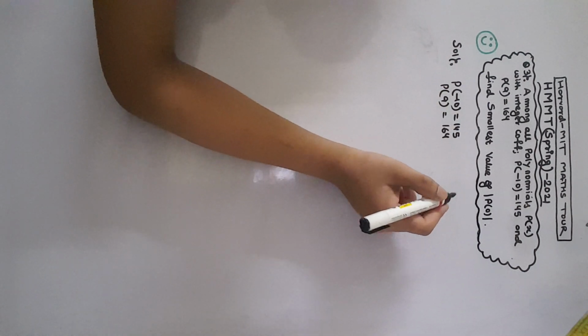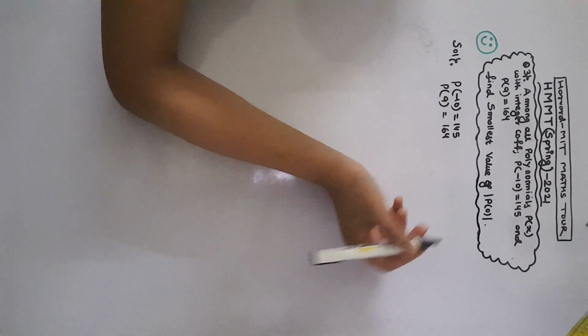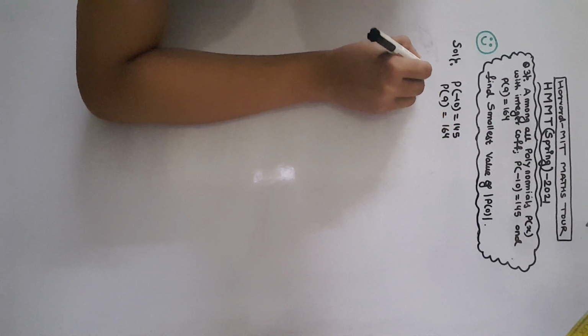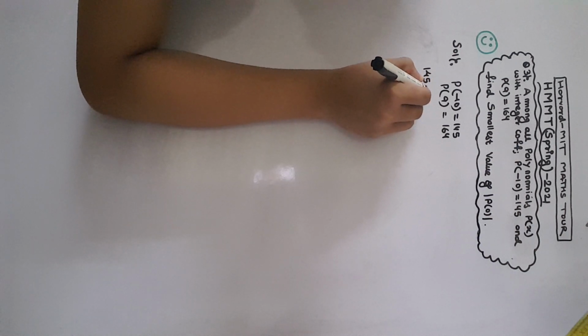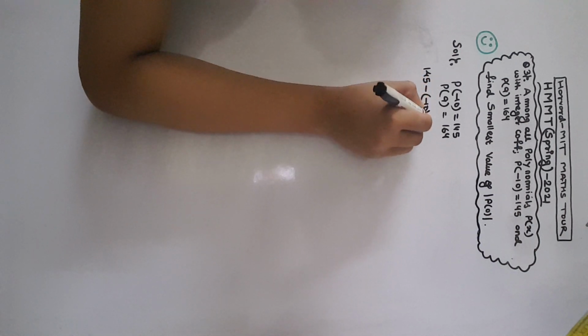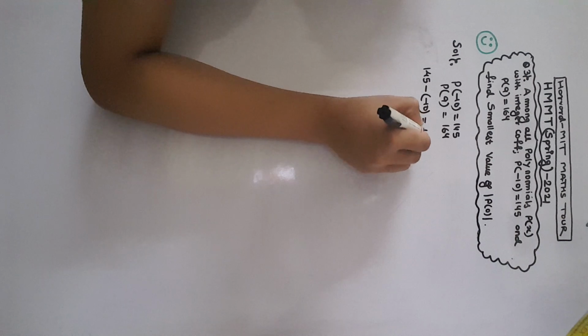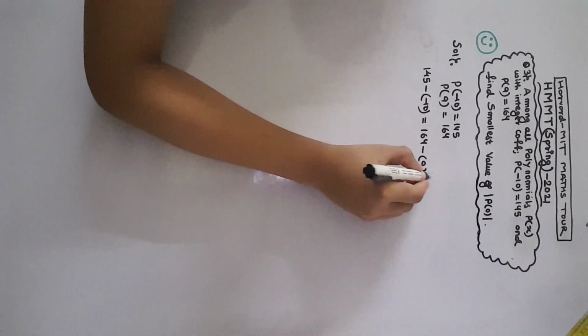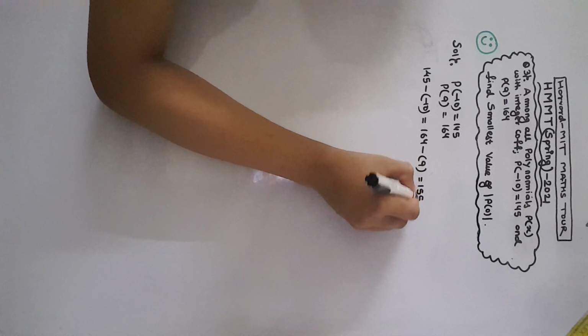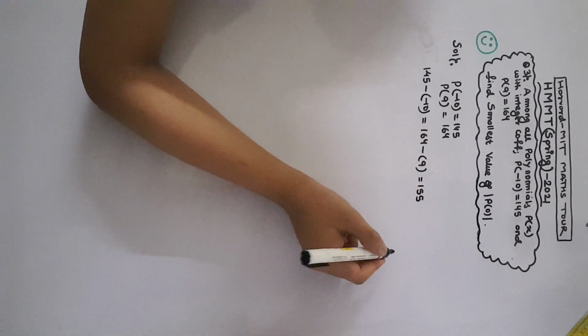There needs to be a pattern, and the pattern is that when 145 is subtracted from minus 10, it will be the same as 164 subtracted from 9. Both of them equal 155. So this is actually a pattern.